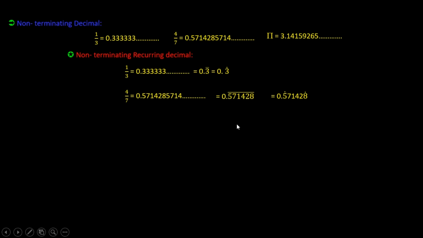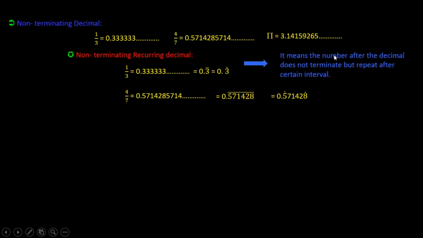So the number after the decimal does not terminate but repeats after a certain interval. The 3 repeats after every interval, but here the numbers repeat after some interval. These are the forms of non-terminating recurring decimals.